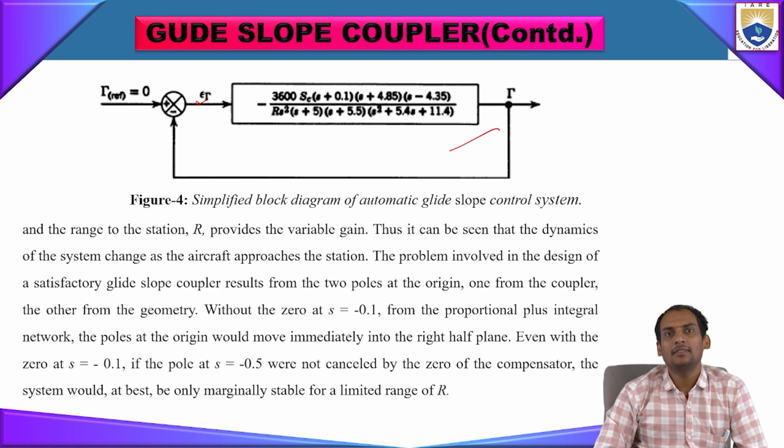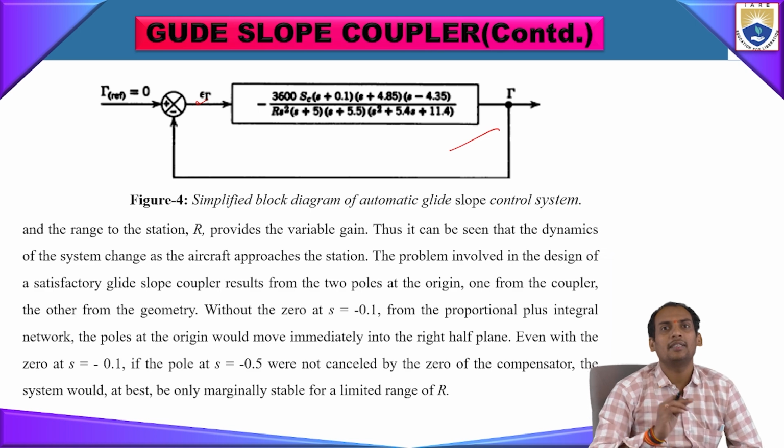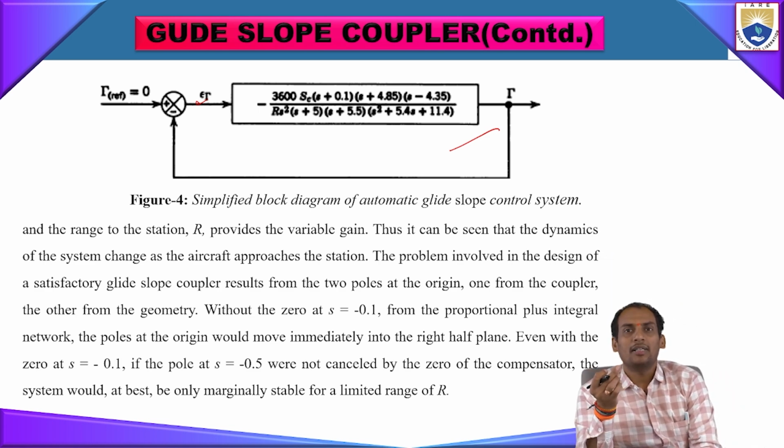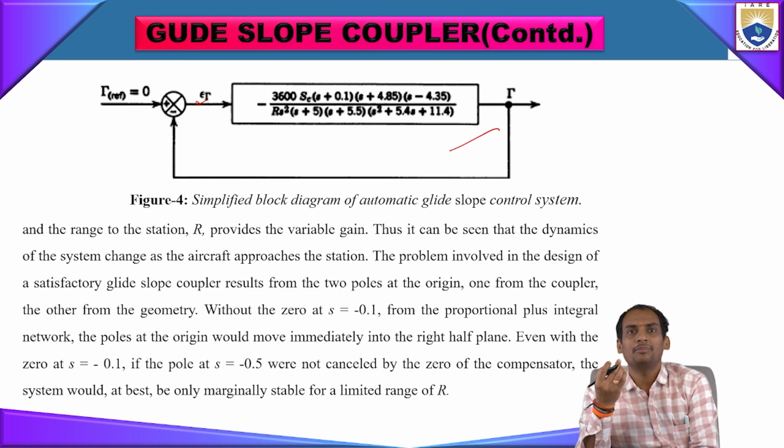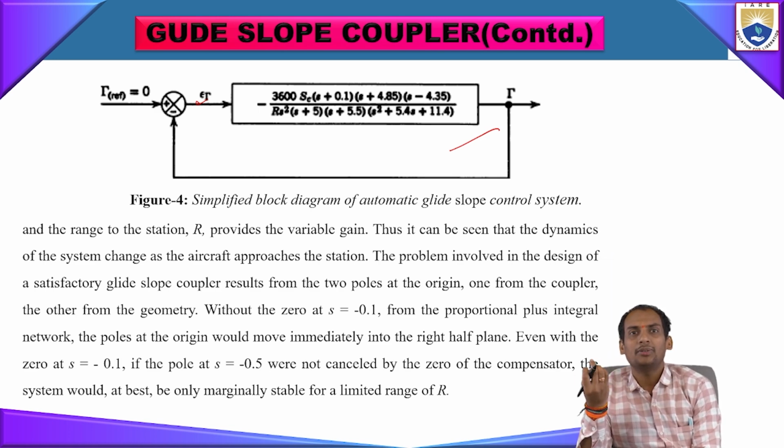So the system would at best be only marginally stable for a limited range of R values.